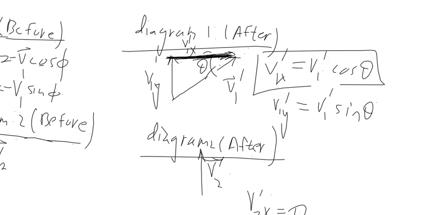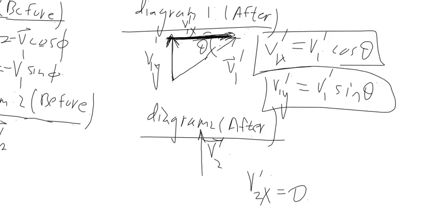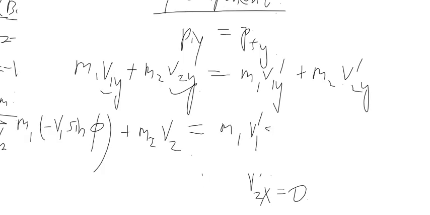The reason it's positive is that this velocity after is going upwards after the collision. Substitute that into the conservation of momentum equation for the y direction: m1 v1 prime sine theta plus m2 v2y prime.